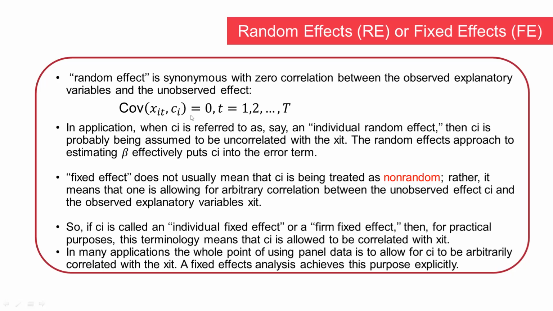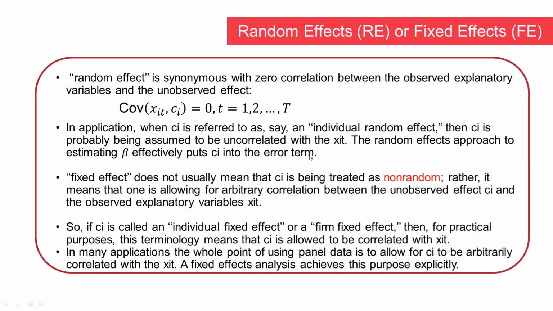So in that case, we put CI into the error term, right? Because if there is no relationship between X and C, where X means observed explanatory variables or the independent variables, and C means unobserved variables or unobserved effect, then we can put CI into the error term.